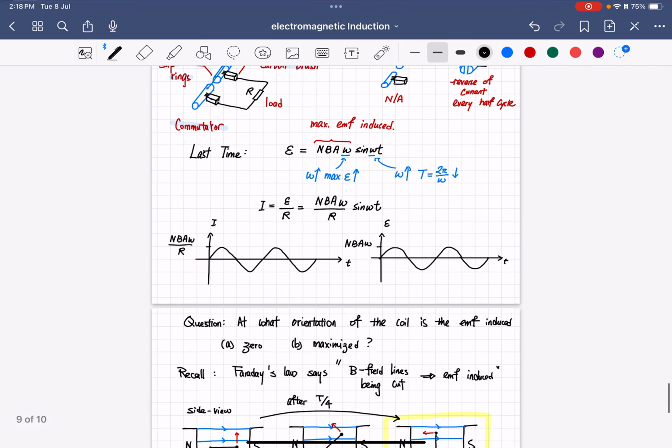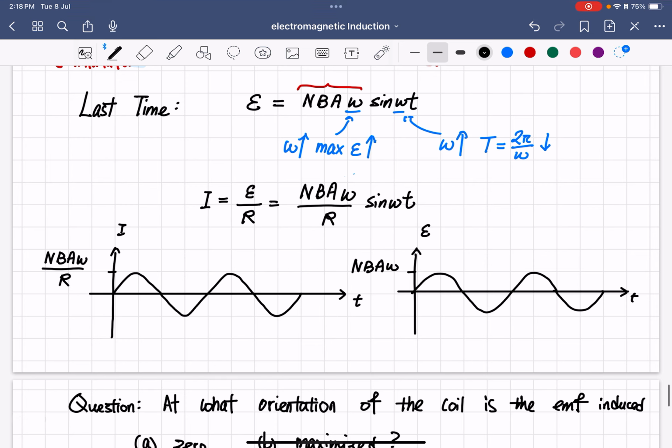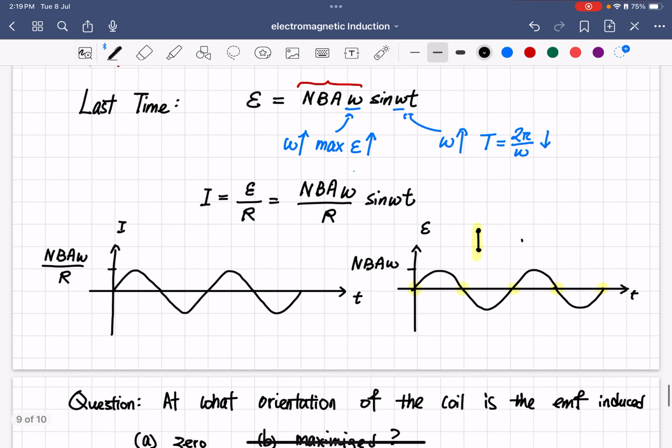So now we understand that in the EMF as a function of time graph, the coil is vertical whenever the EMF induced is zero. And whenever it is the opposite, when the coil is horizontal, the EMF induced is maximized.